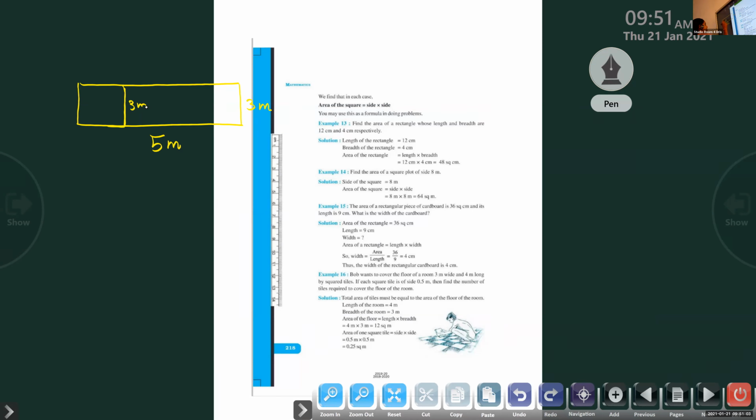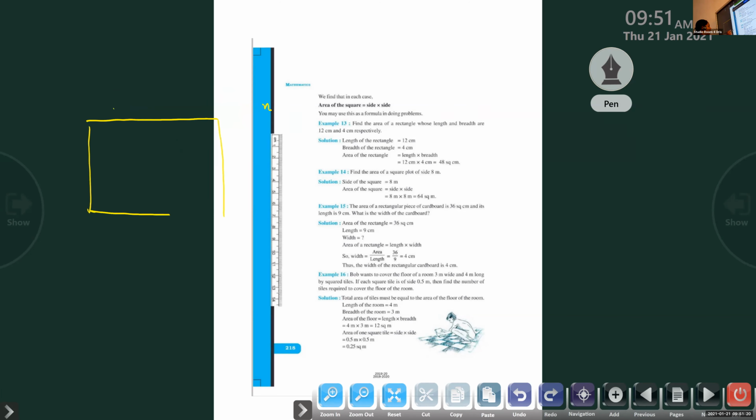How will you find? Ma'am, first we'll find the perimeter. Not the perimeter. Area of the floor tile. Suppose there is a floor like this, this is one tile.